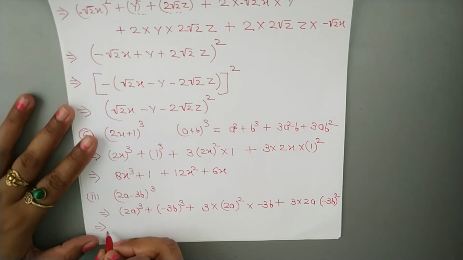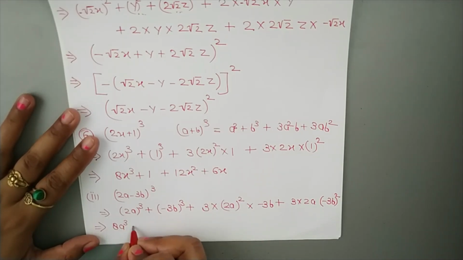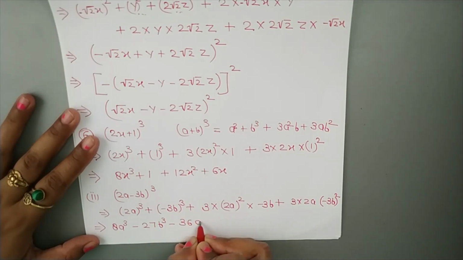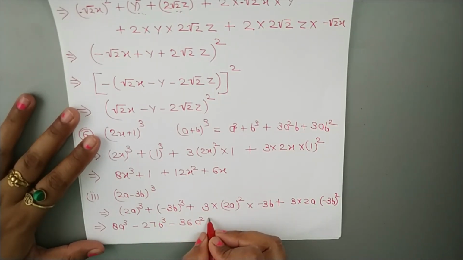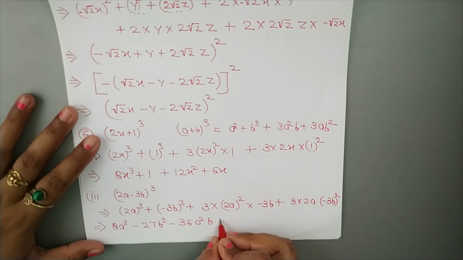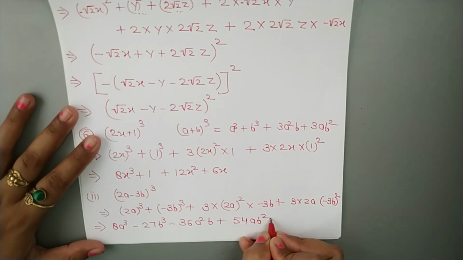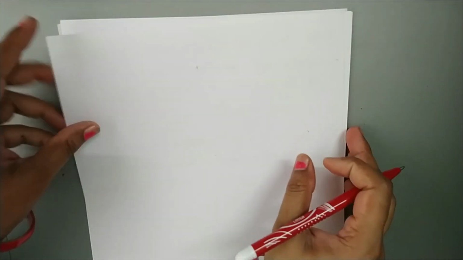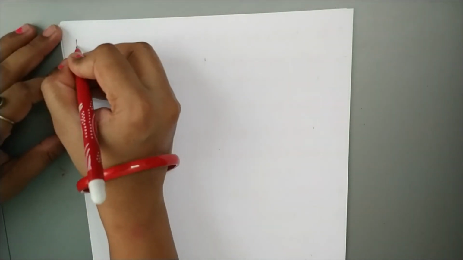So finally it will be 8a cube minus 27b cube minus 36a square b, then it will be 54ab square.